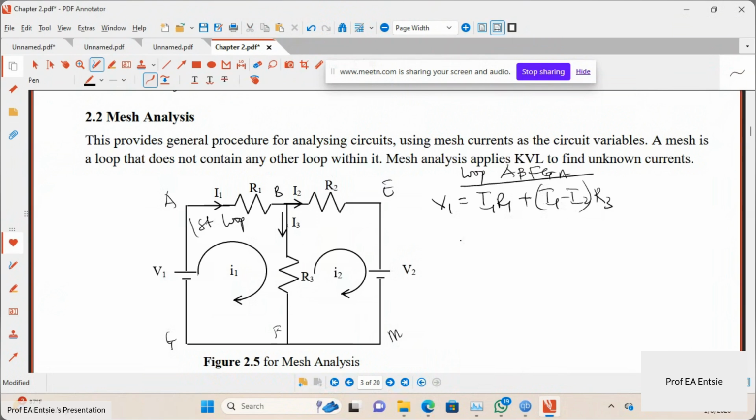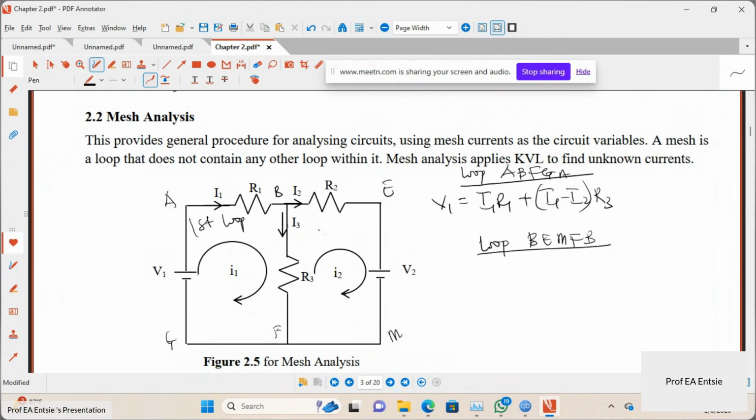But when I'm considering the second loop, that one will be I2 minus I1 for the same R3. So we ensure uniform sign convention. Let's go to the next loop, which is loop B, E, M, F, B, the second loop.